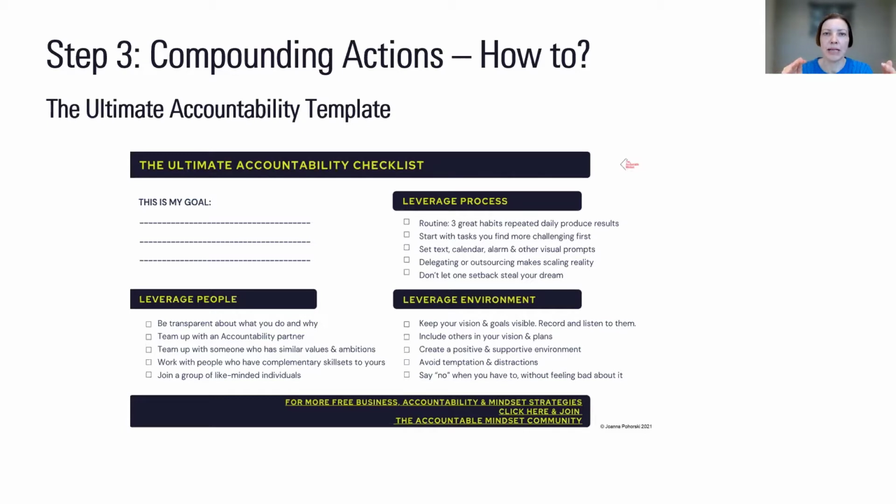So the accountability, the support mechanism, the fail-safe, can come from, I call it, leveraging someone or something around you. So how can you work with people around you and use their help to become more accountable? The same for process. So which things can you build into your routine, your schedule, to help you maintain that plan and stay on track?